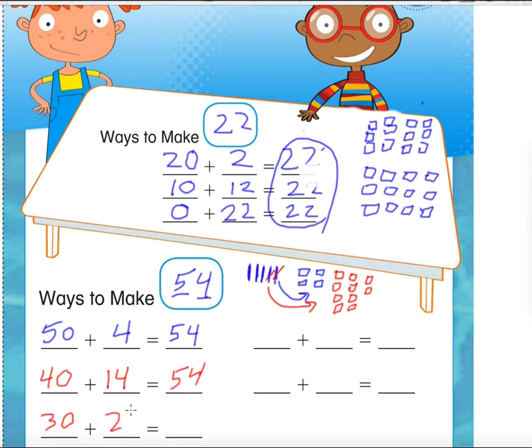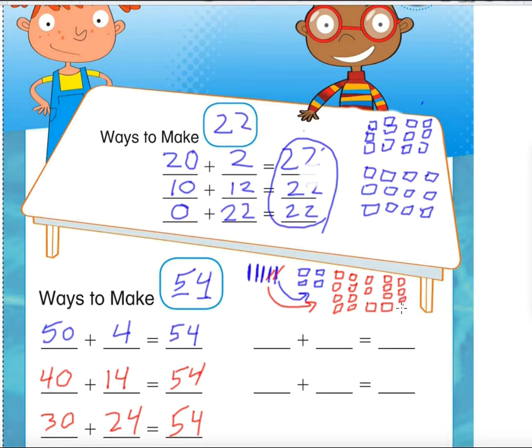You could even look at your 100 chart, and you could see that pattern on the 100 chart too. And that still gives us the number 54. And if you really want to, you can of course draw 10 more ones cubes. 1, 2, 3, 4, 5, 6, 7, 8, 9.